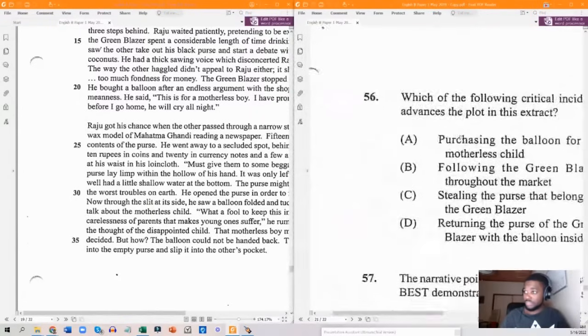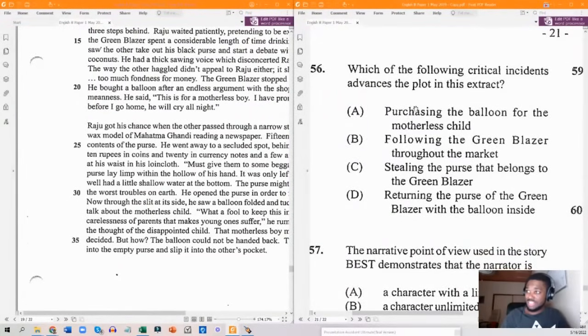56. Which of the following critical incidents advances the plot of the extract? A little tricky, but think about it. You'll see the answer. Which of the following advances the plot? Which of the following makes something dramatic happen?